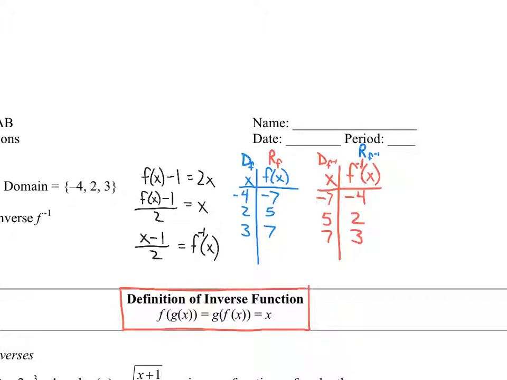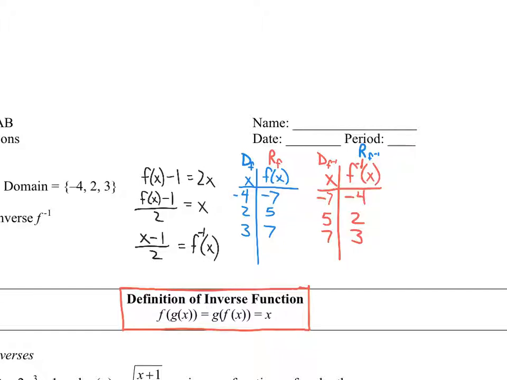If I take a value and I plug it into one function, and I take that answer and plug it into another function, I'm going to get the same thing if I plug that value into this f, and then plug that into the other function, g. Both of them should get me back to where I was, okay?